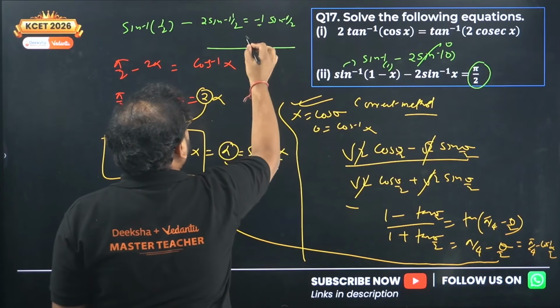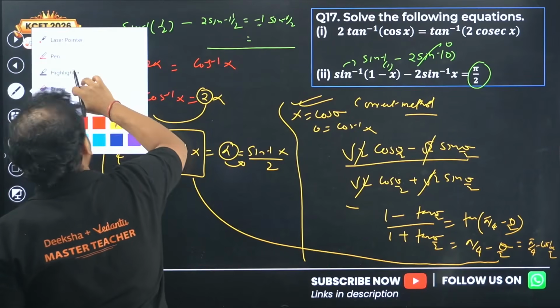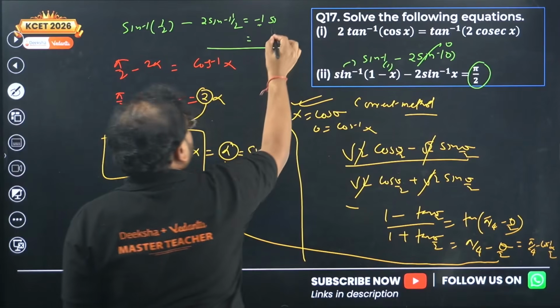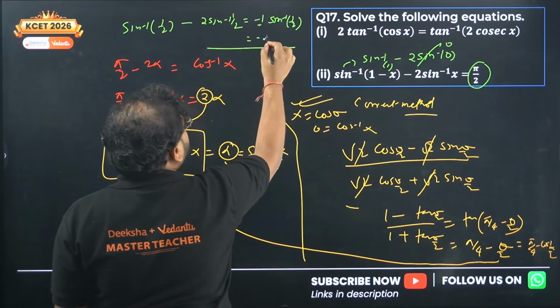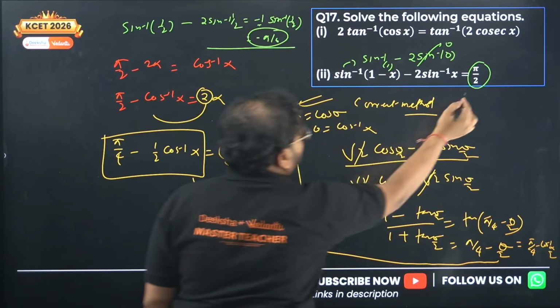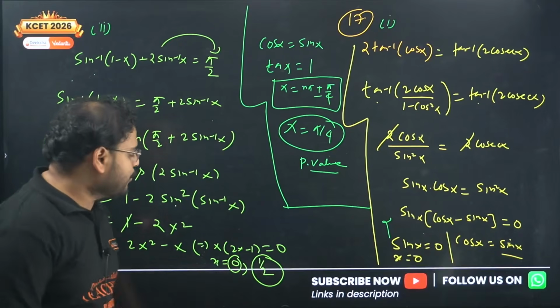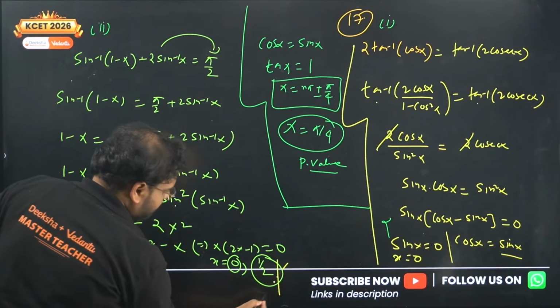Basically this is coming as, 1 second. I can write it better. Yeah. So sine inverse of 1 by 2. This is coming as basically minus pi by 6. Is not equal to pi by 2. So if you check the two values that we got, 0 and 1 by 2, this is not working. This right here is not working. This is the correct one.